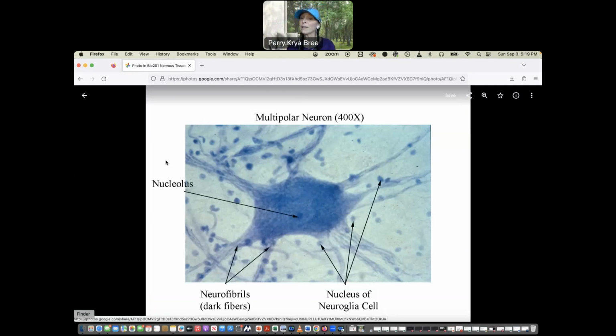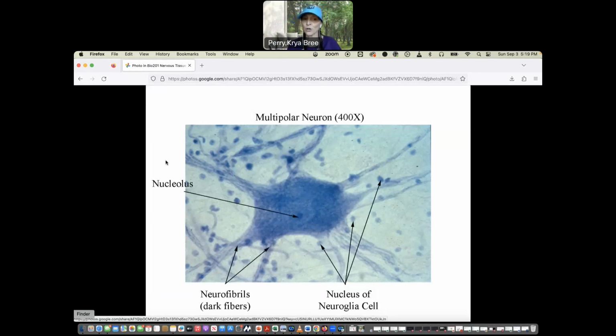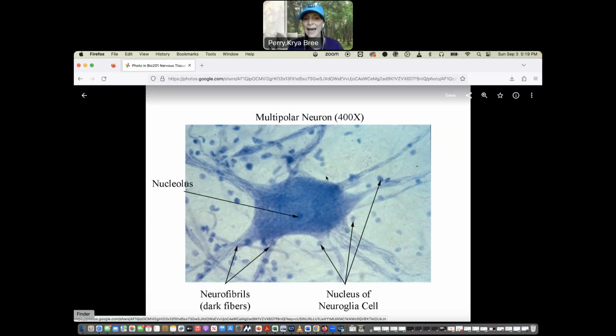So when we look at nervous tissue, these cells are going to look very different because their purpose is to pick up messages and then pass those messages on. So here's your actual multipolar neuron. Here's the nucleus, and the nucleolus is stained really dark in this.